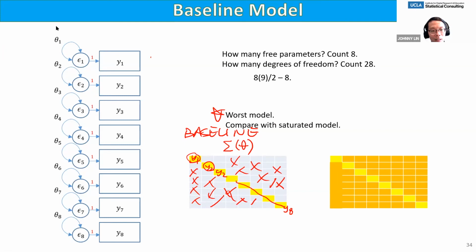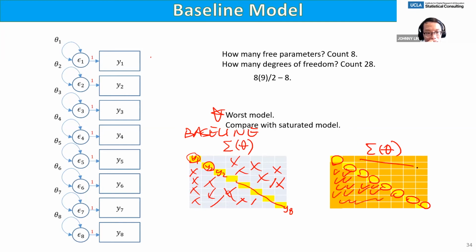Now, what do you guys think the orange one is? What is this saying? Just think about the opposite model of a baseline model. Yeah, right. So not only are we estimating the variances, we are estimating all possible covariances. And this is an upper triangular, so it's the same. In that case, the known values equals the number of parameters, and our degree of freedom is 0, right?